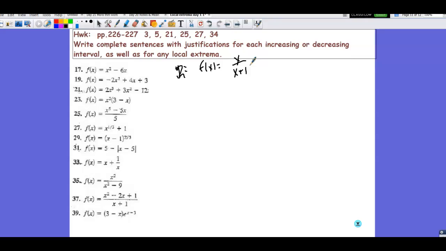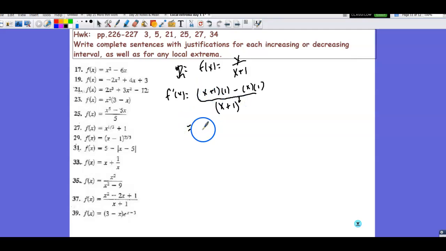Yay, quotient rule. So here we go. We're looking for increasing, decreasing intervals, relative extrema, applying the first derivative test. So we're going to need the first derivative. We're going to use the quotient rule, so I have down, d up, minus up, d down, over down down.